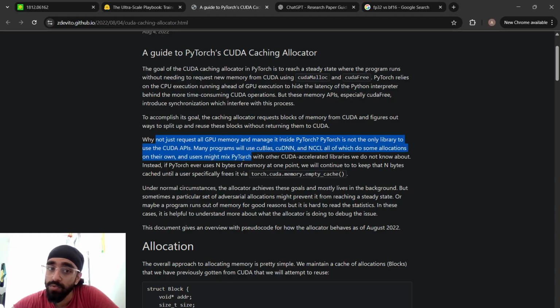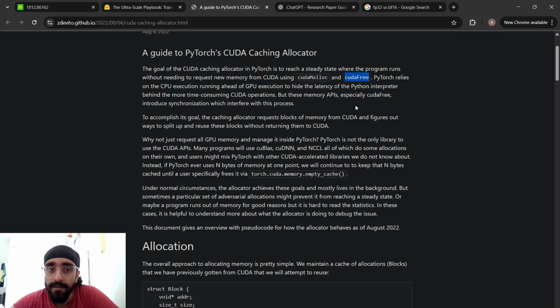Okay, so it seems like we do not want to use APIs like cudaFree and cudaMalloc too often, because they have some synchronization overhead.